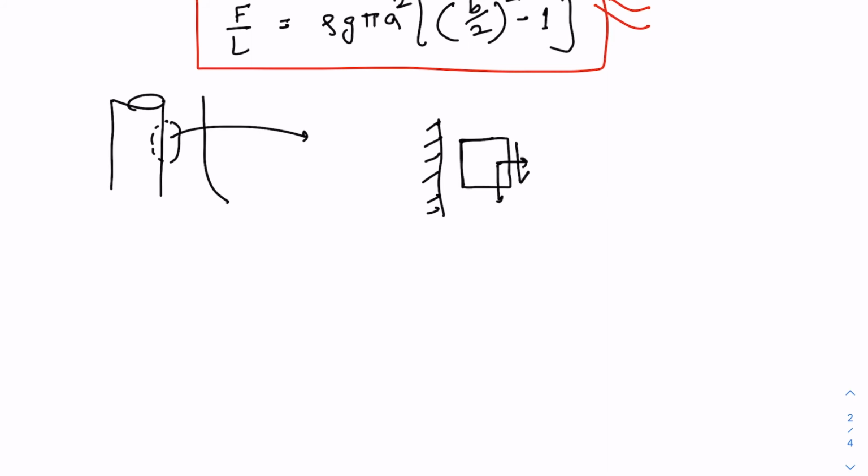So the positive shear stress acts in this direction, and the shear stress on this face then acts in the up direction. So the force on this rod due to the fluid will be in the downward direction. So this is the force per unit length acting on the rod, and it acts in the downward direction.